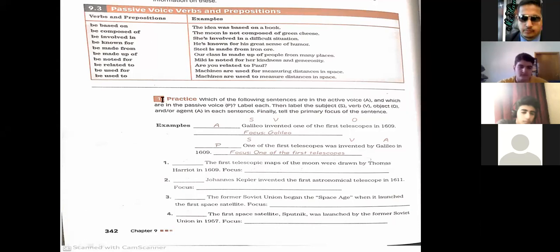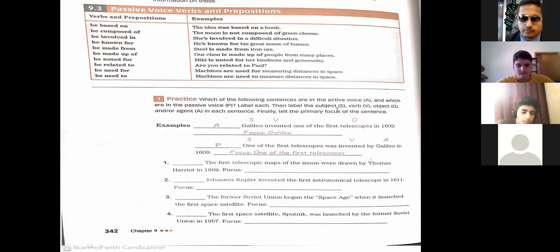Practice one. Which of the following sentences are in the active voice, A, and which are in the passive voice, P? Label each.